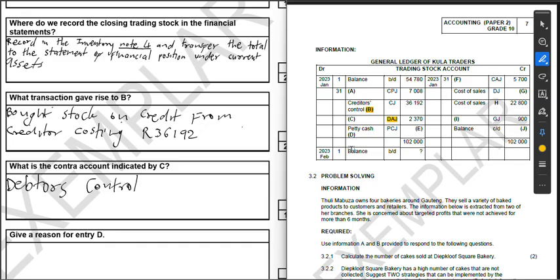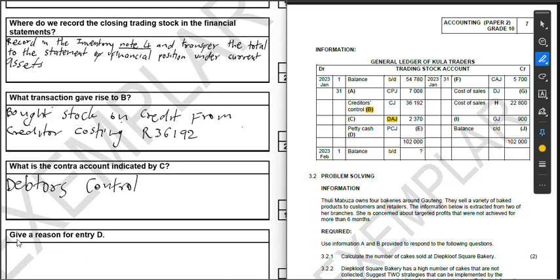Probably some businesses would keep about 10,000 rands, 5,000 rands. That's petty cash, and that money will be used for things like deliveries on goods and all that. So in this case specifically, when these people deliver our goods, they have a delivery fee, and this petty cash will help us to pay. So petty cash here will be the amount used for delivery. So this will be delivery on goods.